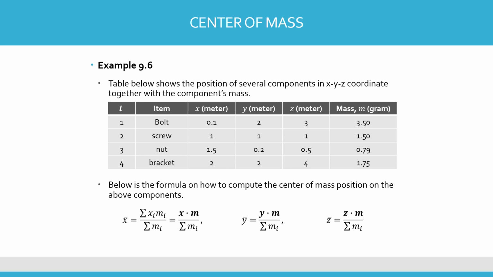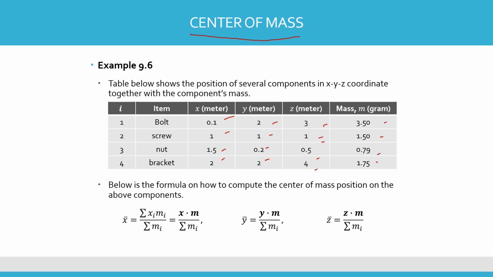So I give you another example of center of mass. When it comes to center of mass, you don't need to understand how to do it, but you need to understand how the solution works. So if you can see here, to get the center of mass, you have the lengths here of x, y, and z, and of course you have the mass.